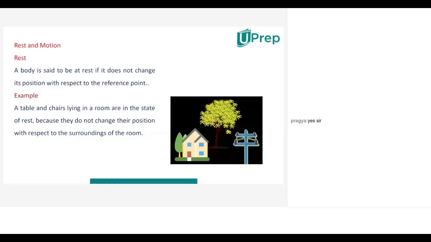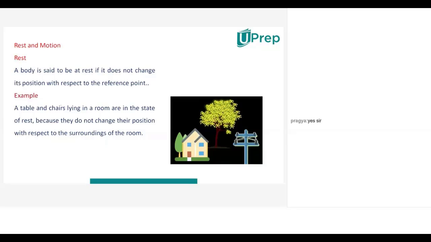That means what you have to say: if the position of an object is not changing with respect to time or with respect to the reference point. Suppose you are observing me, and from your place, if my position is not changing with respect to time or with respect to you, then the object is in a state of rest. Isn't it? Yes, sir.